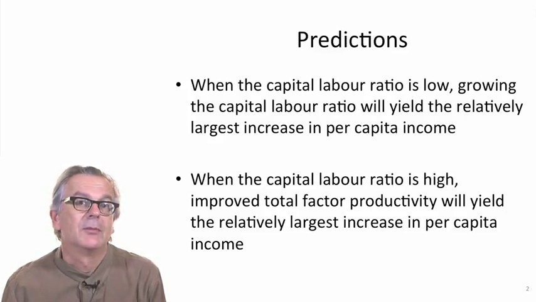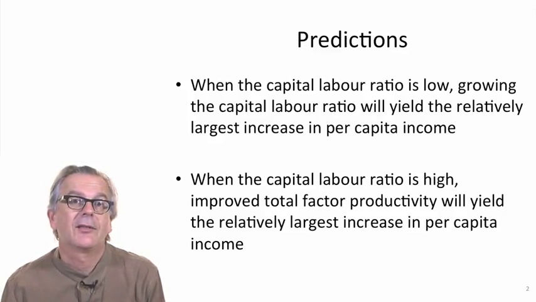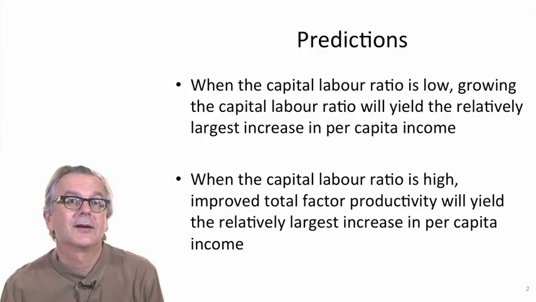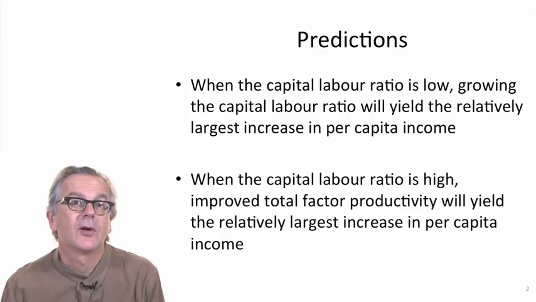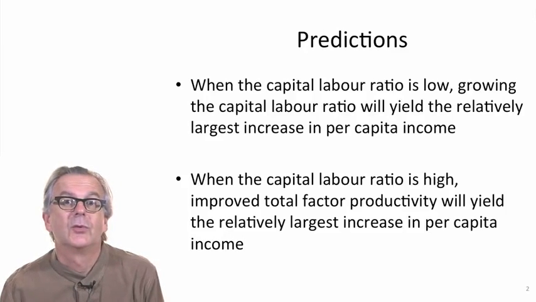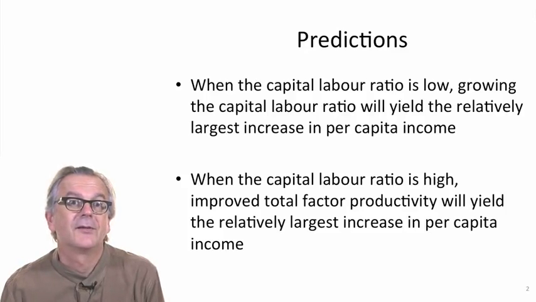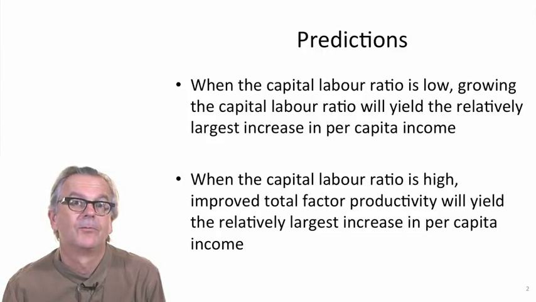The very important implication about how the path to economic growth can be different for different economies depending on their starting point. For economies with a low capital labour ratio, then it's possible to obtain a relatively large increase in per capita income through growing the capital labour ratio.